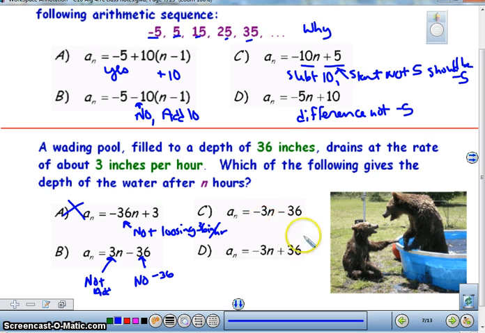So now we want to look at these two. Again, this one has the -36, so that's not going to work. And the one we should be choosing was D. Why? We are minusing 3 inches per hour, and we started at a positive 36.